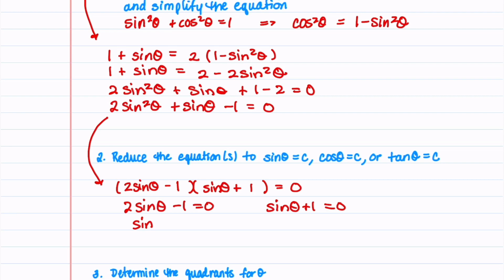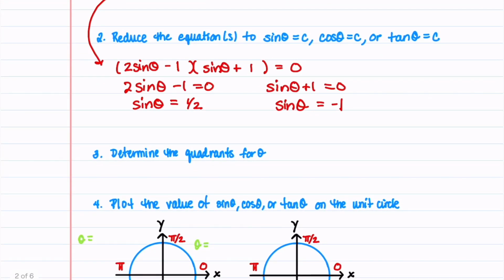Solving for sine theta, we get sine theta is 1/2 for our equation on the left, and for our equation on the right, we get sine theta is equal to -1. Let's now determine the quadrants for theta.